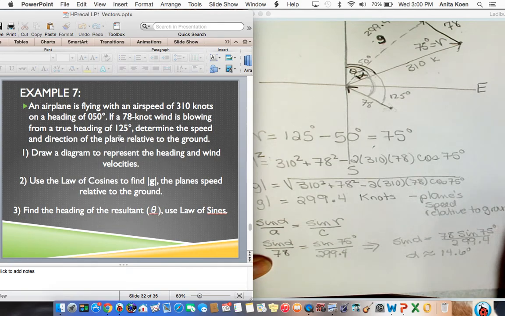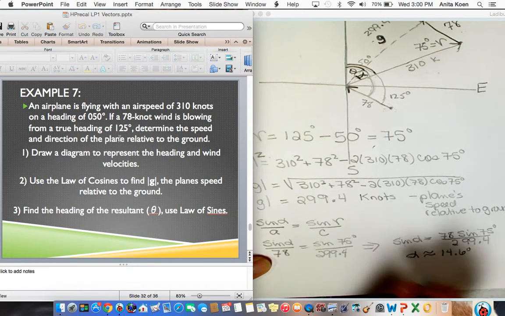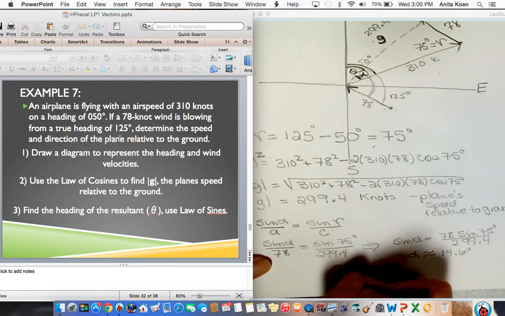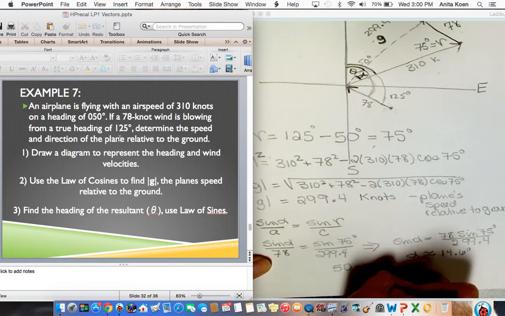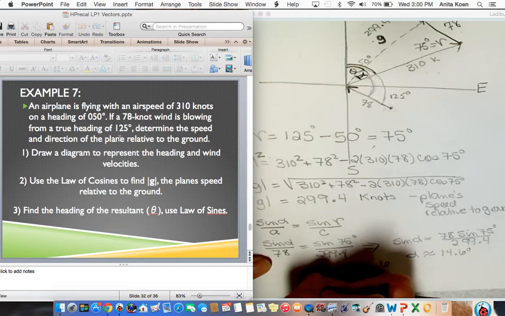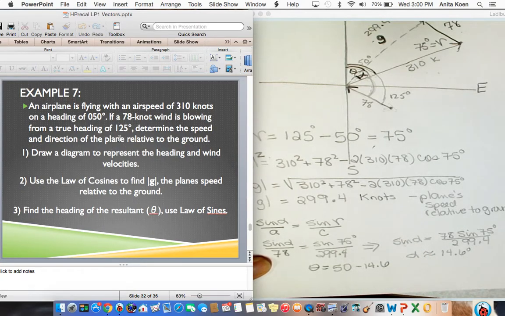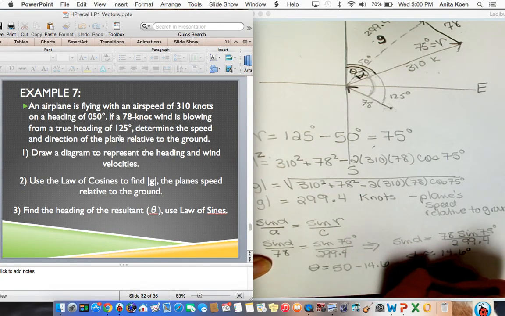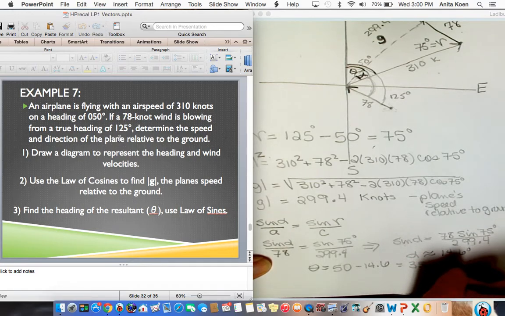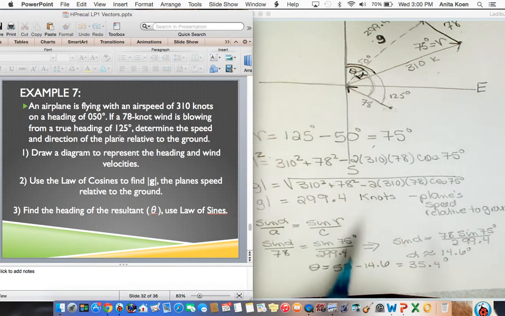So 50 minus alpha, which is 14.6, will give me my theta, which is what I'm looking for. So 50 minus 14.6 is equal to theta. So theta then is 35.4 degrees. So now we have found the heading and the plane speed relative to the ground.